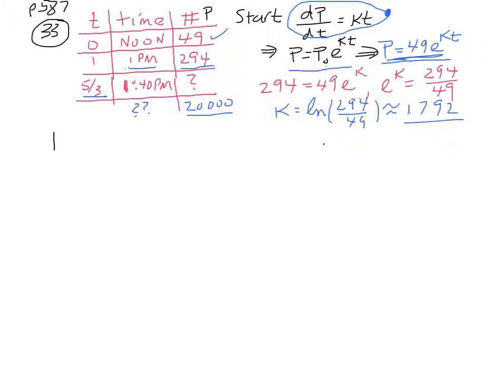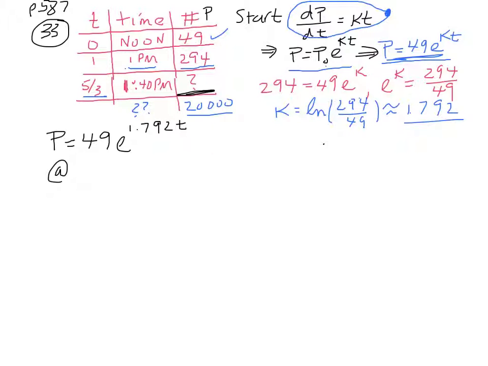So we know that P is equal to 49 times e to the 1.792 times t. We can now answer this question: how many bacteria will we have at 1:40? We just plug in 5/3 into here.